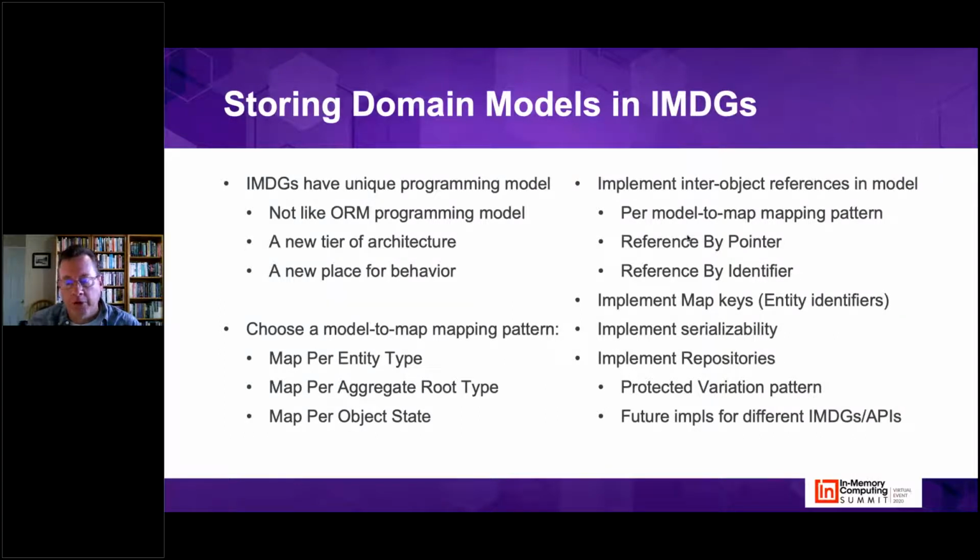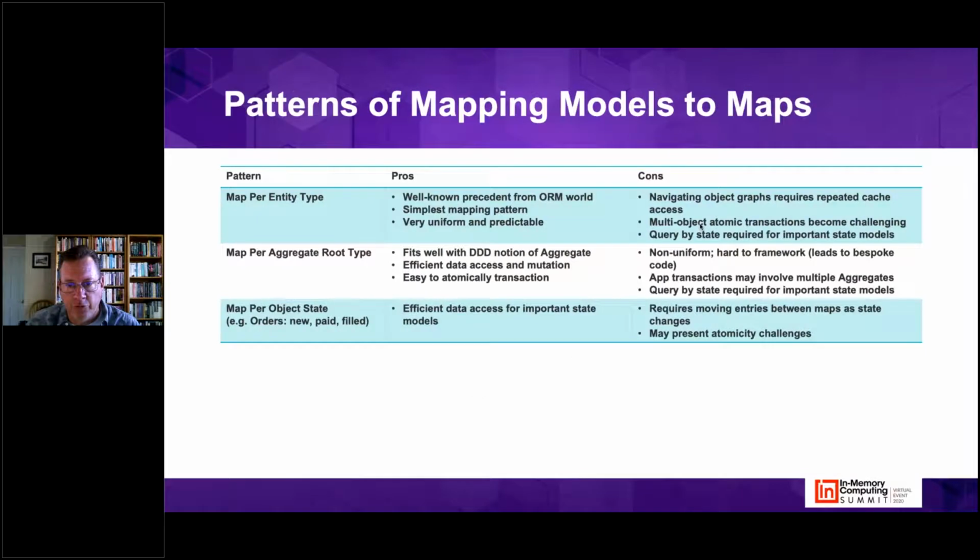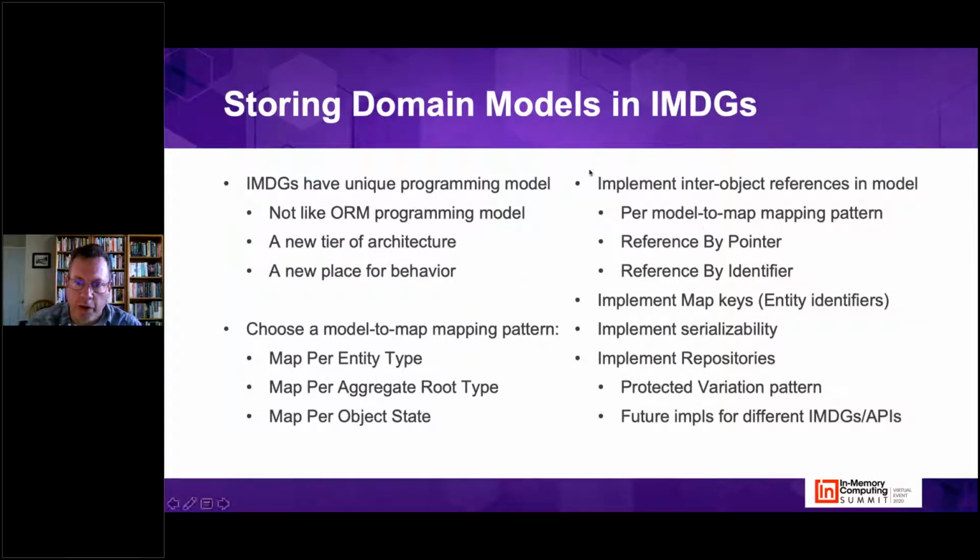With an in-memory data grid, you may have to let objects refer to each other by some kind of identifier, and then query for the related object using the identifier instead of just navigating a pointer. And of course, you have to implement keys for the maps, which comes pretty naturally for entities.